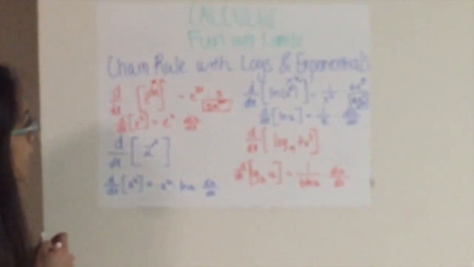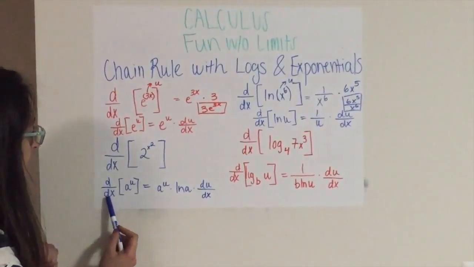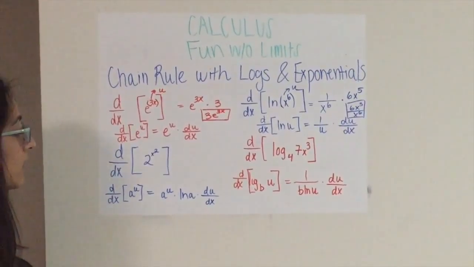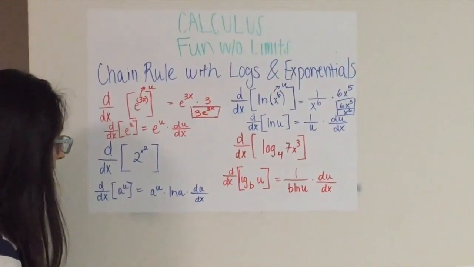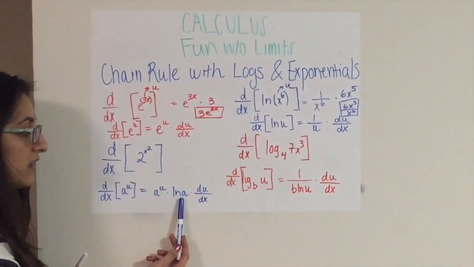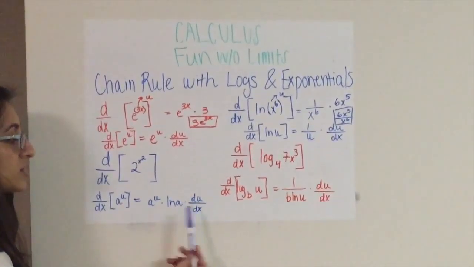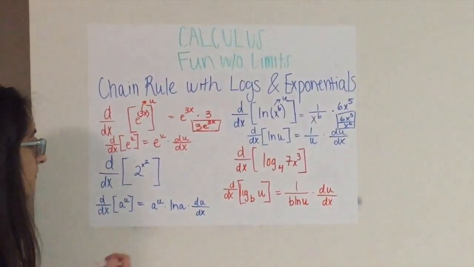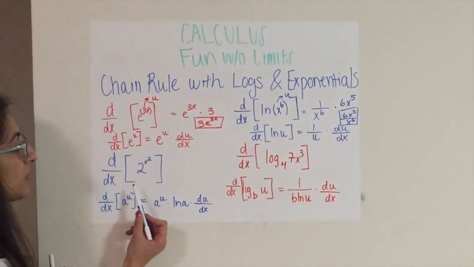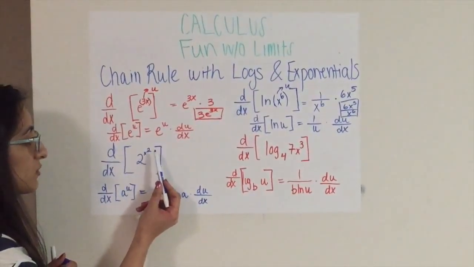Now, for the derivative of a to the u, we're going to have a to the u times ln of a times du dx, which again is the chain rule portion. So for this example right here, we have 2 to the x squared.